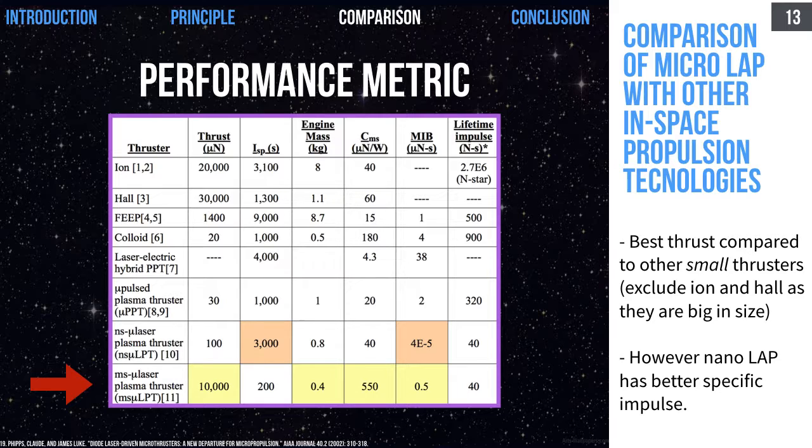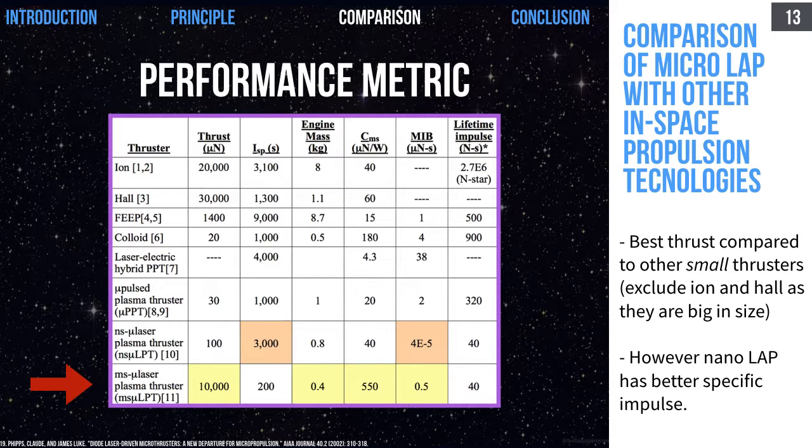Now I will compare the different performance metrics between micro LEP and other forms of in-space propulsion technologies. As can be seen in this table here, micro LEP generated the best thrust compared to other small thrusters. We exclude ion and Hall thrusters as they are very big in size.